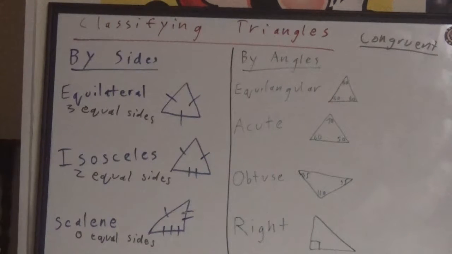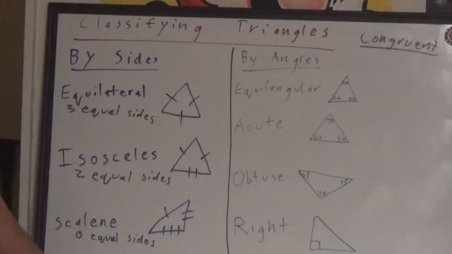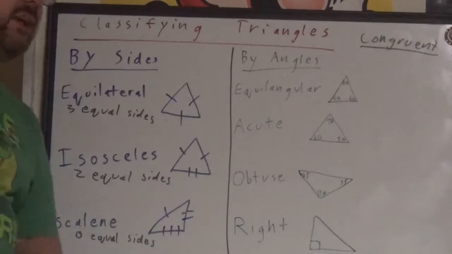So every side is a different length. So again, equilateral has 3 equal sides, an isosceles has 2 equal sides, and a scalene would have no sides which are equal. Okay, now on to angles.